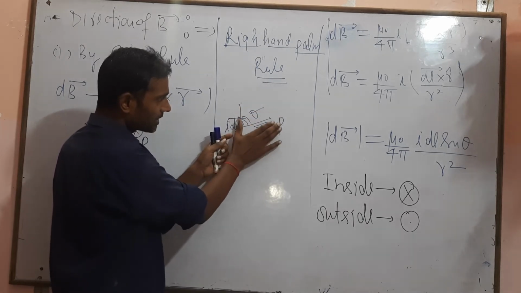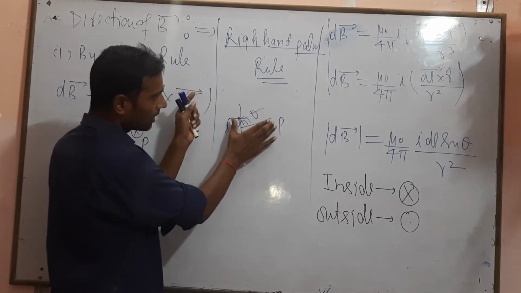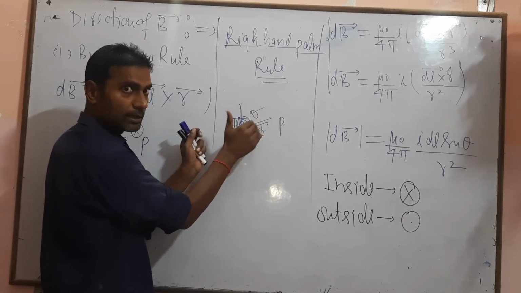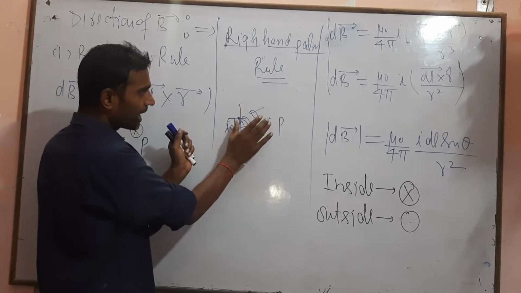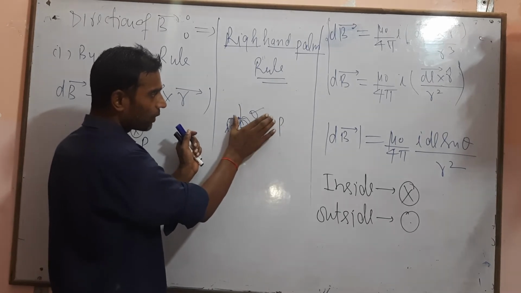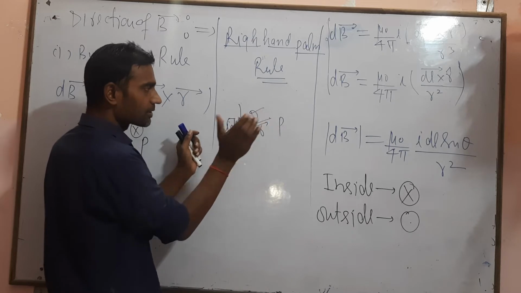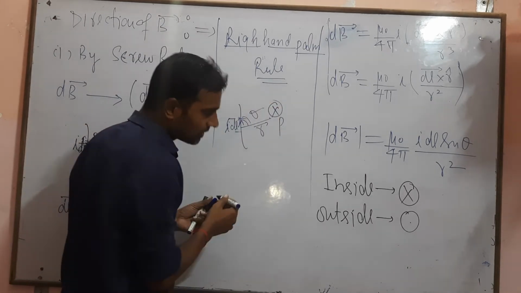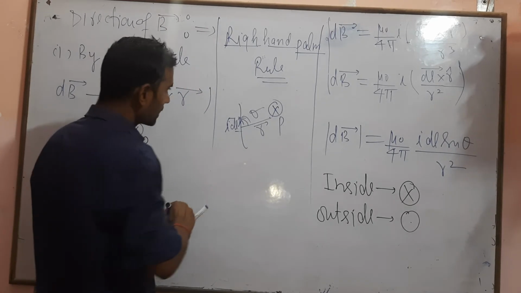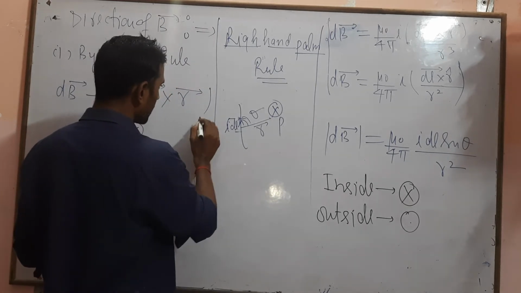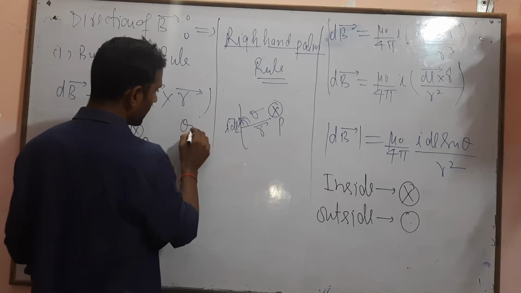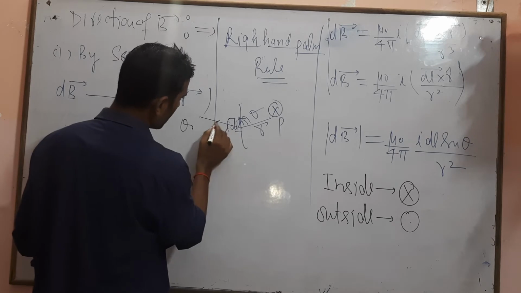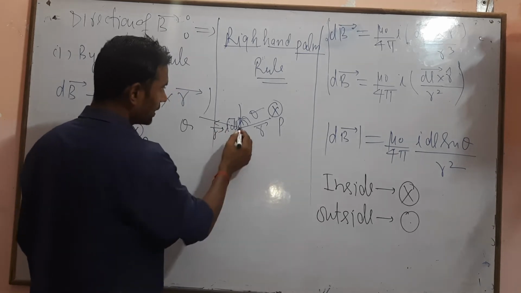So the current is along the thumb, and if we need the field at point P, the fingers will curl. According to this situation this is the curling direction, so the magnetic field at point P is inside. If we need the field at point Q, this is the dl vector and this is the r vector, with theta prime as the angle.